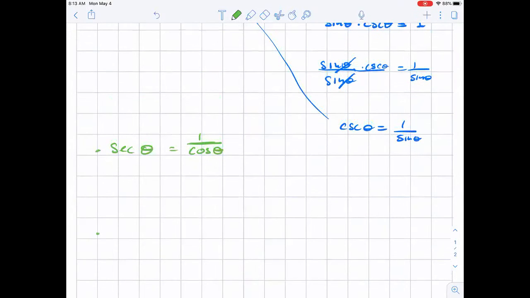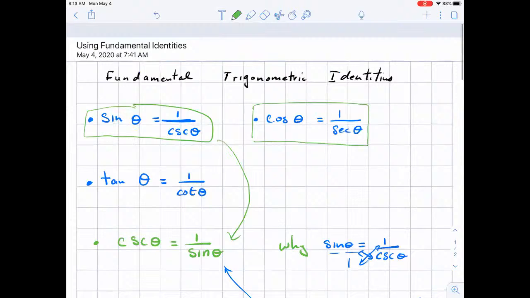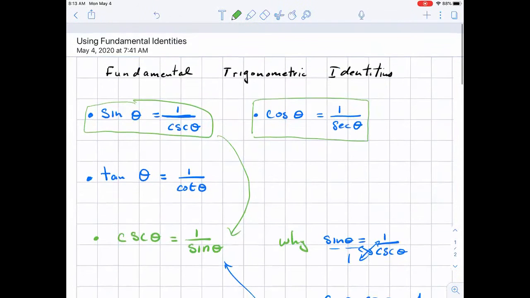And then we also have cotangent of theta, which is equal to 1 over tangent of theta. So these are the 6 common ones, right? These are very common.